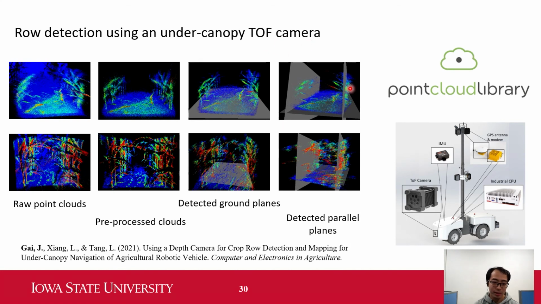In these points, we could find the crop rows by fitting two walls, and then we can determine where the robot is relative to the crop plants. The library we're using is called the Point Cloud Library. It's in C++, processing this point cloud data.